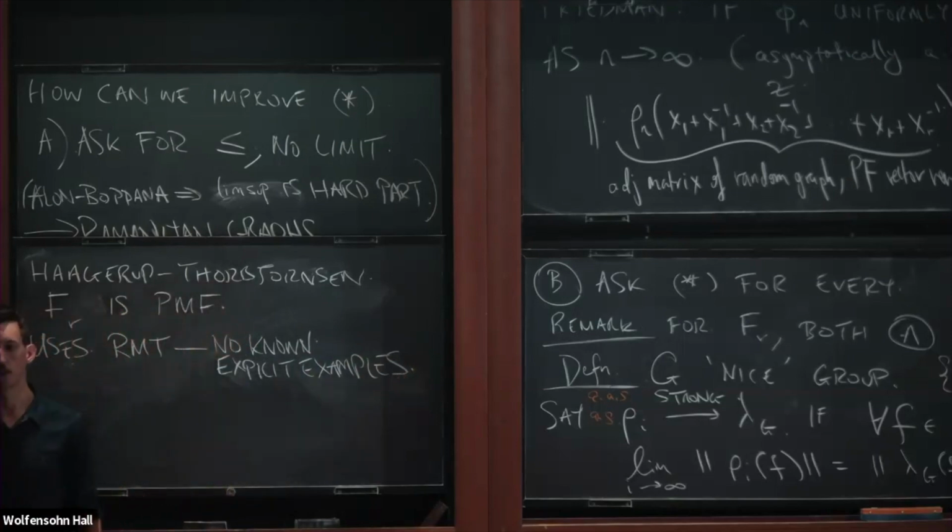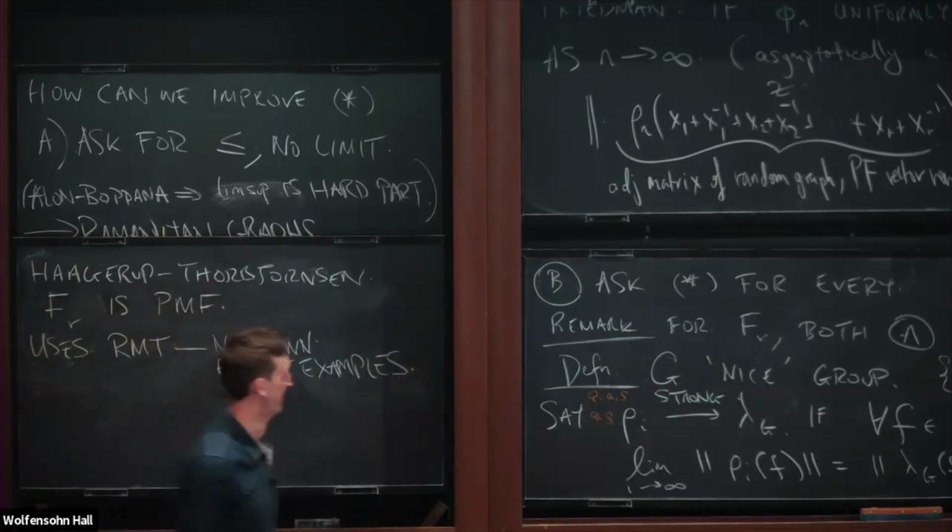But I'm going to tell you a candidate. I think this is the hot question in the field at the minute, to find an explicit example in analogy with the Lubotzky-Phillips-Sarnak Ramanujan graphs.